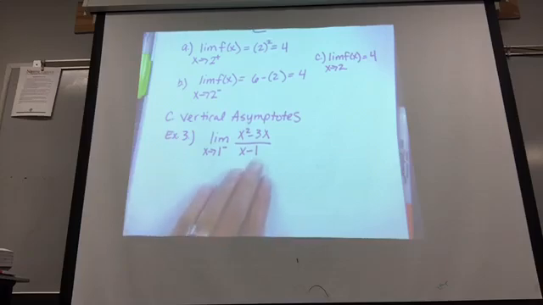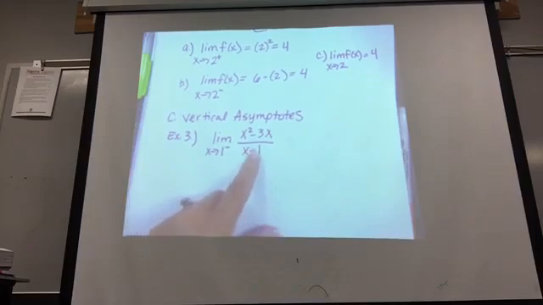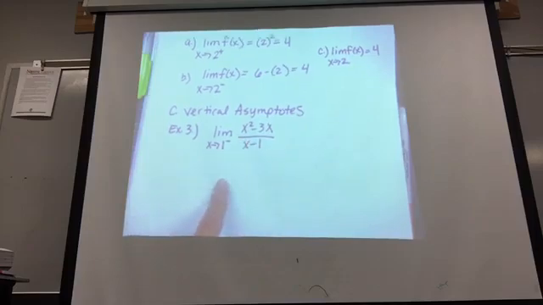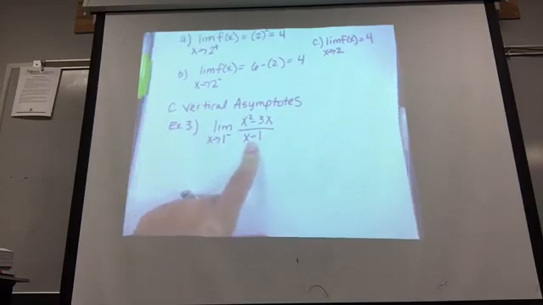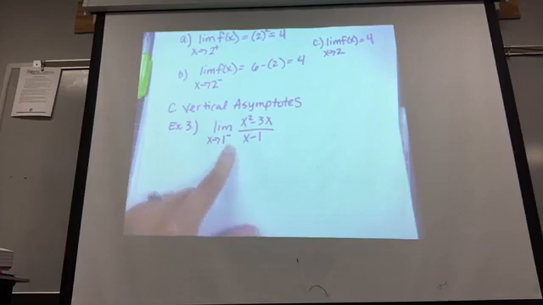Alright, just by looking at this equation, I know that 1 is a vertical asymptote because that's the zero of my denominator. So when I'm evaluating it from one side, I'm trying to decide on that side, is it going to positive infinity or is it going to negative infinity?